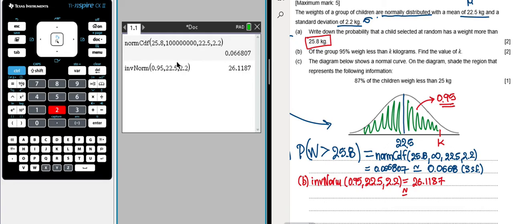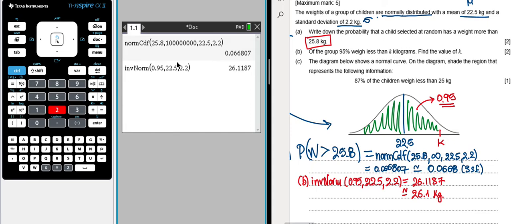That's okay. I can put it here, 26.1, and that would correspond to 26.1 kilograms. So just to make some sense of what we actually calculated, that says that 95% of the children weigh less than 26.1 kilograms, which kind of makes sense if you think about it.